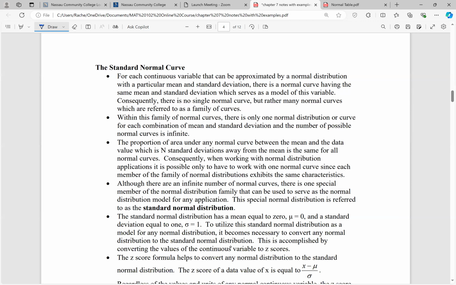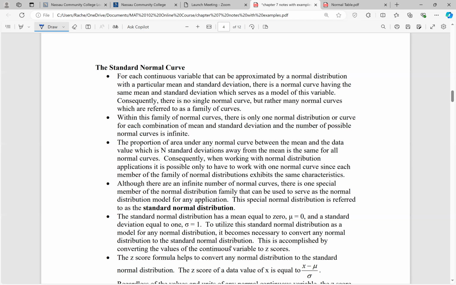Now, think about how many variables there are that are continuous in real life. I mean, there's more than we could count. Height, weight, age, time. There are so many variables that are continuous. So we don't have a normal table of areas for each different variable, right? There'd be too many tables.